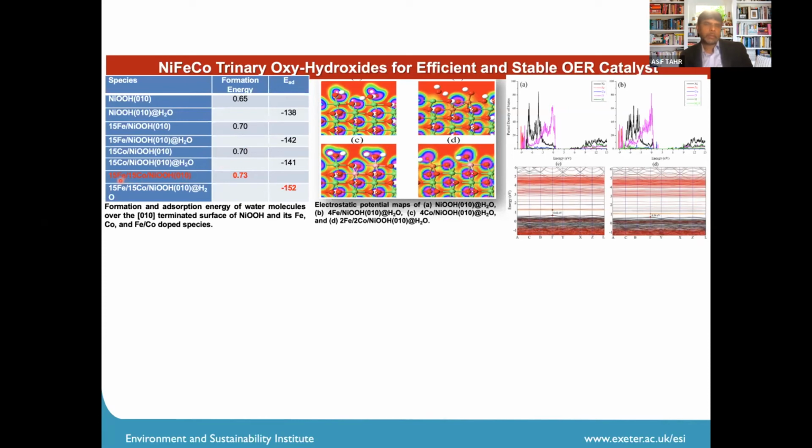And then finally, we combined both 15% iron and 15% cobalt into nickel oxyhydride, and found that this is the material which has the best electrocatalytic activities, as well as its surface energy is much higher, so it can be used as a best electrocatalyst.